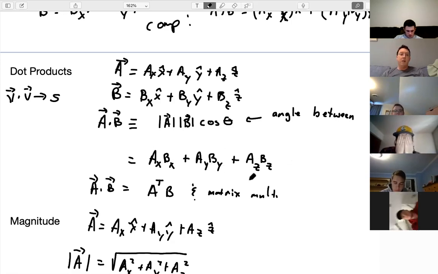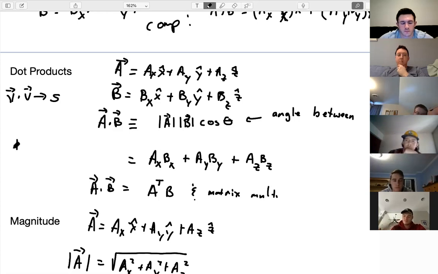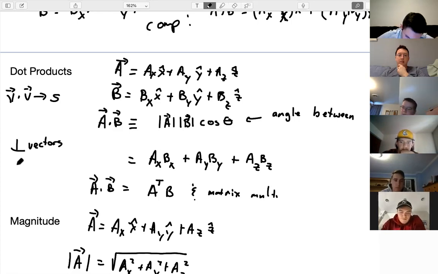Okay. So note, if the vectors are perpendicular, what's the cosine of 90 degrees? Zero. So perpendicular vectors give 0.